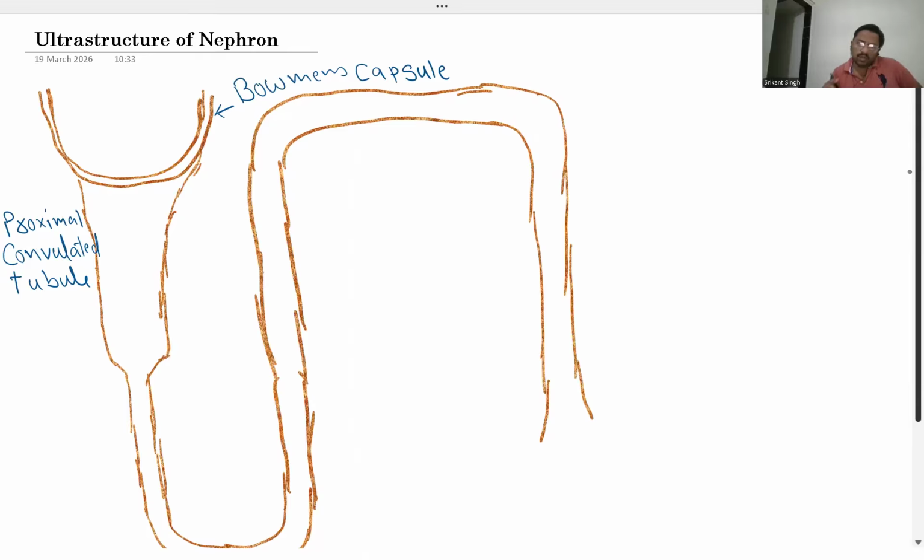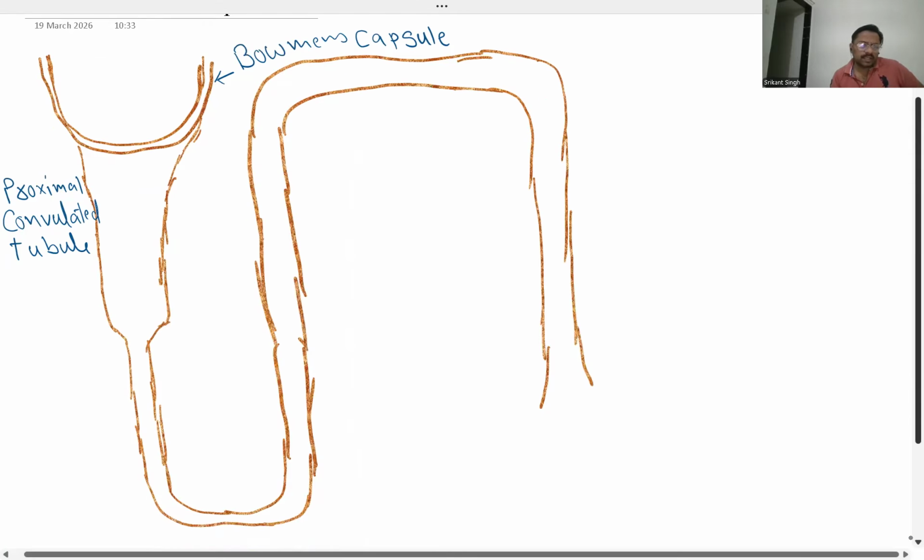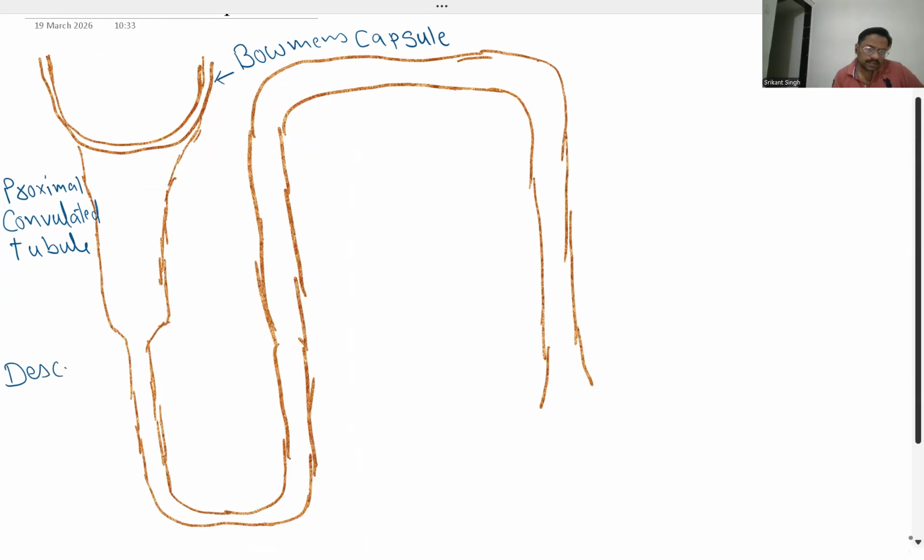Then it is the loop of Henle. The renal tubule is divided into two parts, the descending loop of Henle and the ascending loop of Henle.